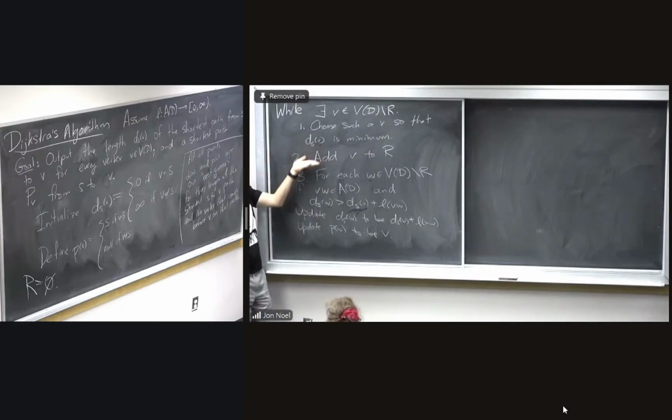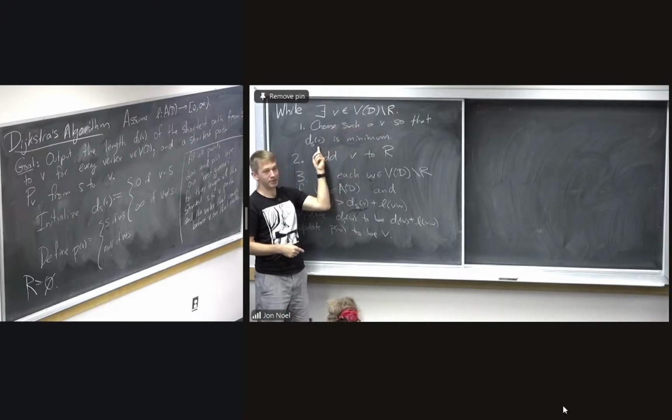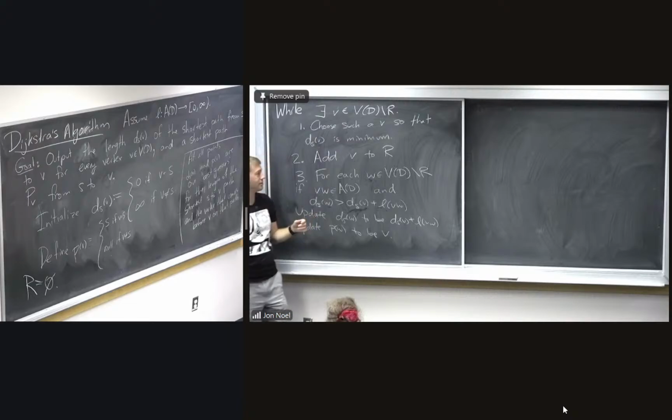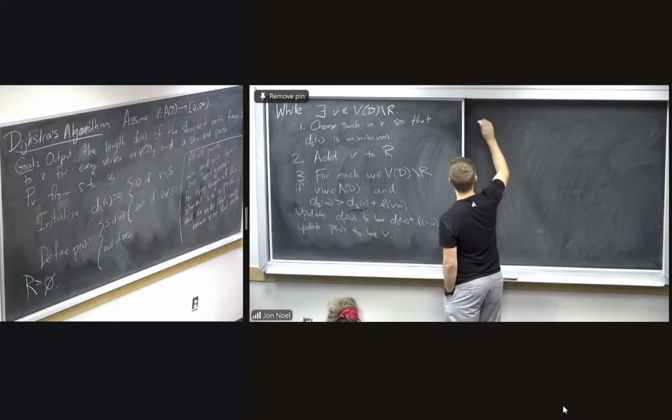All the steps on the inside, in principle, even this step could take n steps, because maybe I have to look through all of these vertices to see which one's minimum. Maybe there's a faster way to do that. But this one might take n steps. There might be n values of w for which vw is an arc. That could be linear in n. So you're right, it's going to take big O of n squared steps.